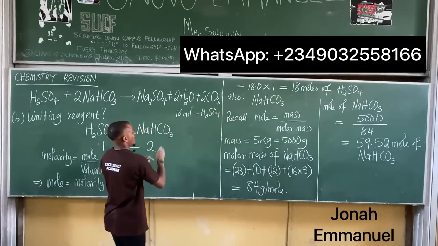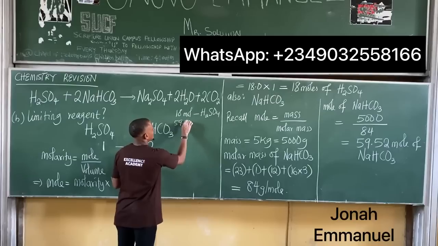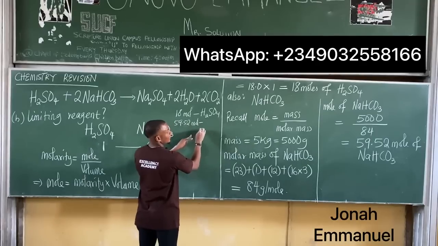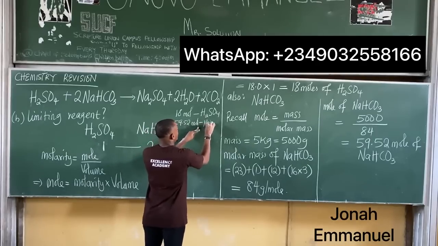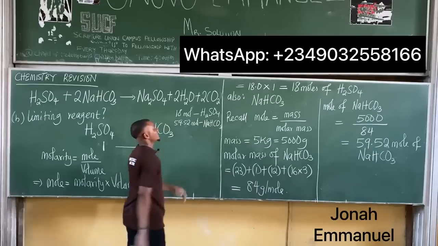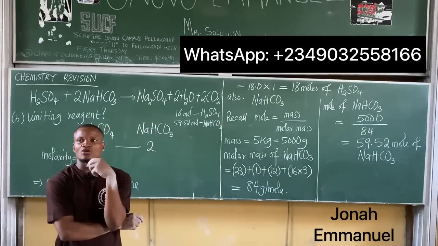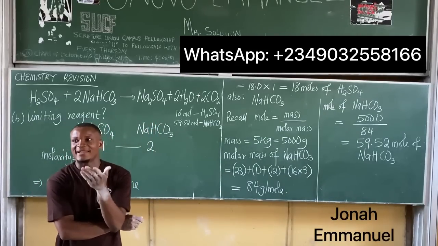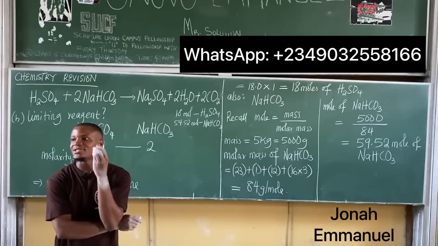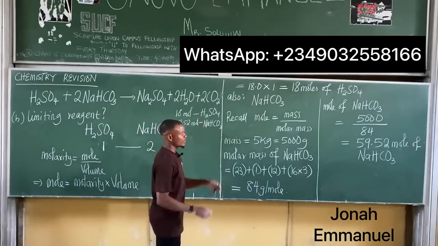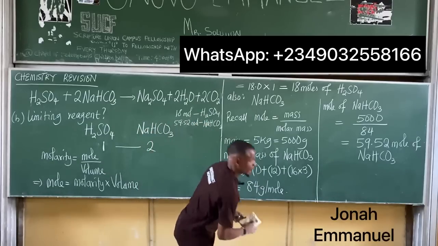We also got 59.52 moles of the carbonate, NaHCO3. They are saying that one of these is a limiting reagent. So the question is this: which of them exactly is the limiting reagent? Is it this one here or this one here? How do we know? Take down.